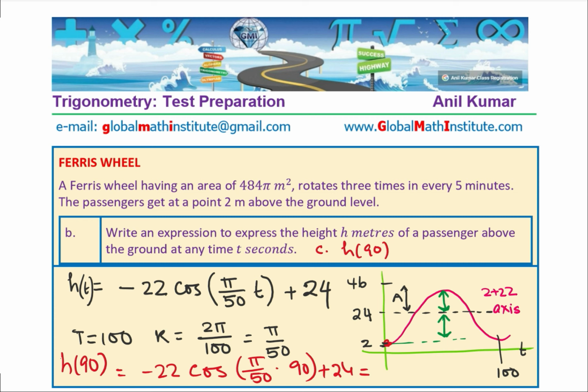So in radians, minus 22 cos of pi times 90 divided by 50 plus 24 gives us a value which is 6.2 meters. I get 6.201, so I'm rounding to 6.2 meters. Is that clear to you? So that is how we are going to answer this particular question. Clear? I hope the concept is absolutely clear.